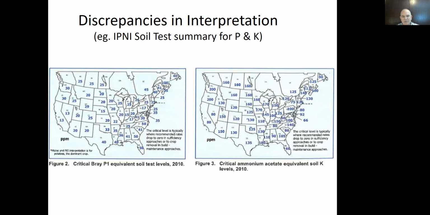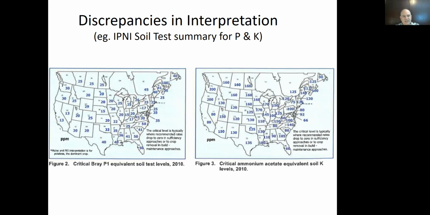Some people would look at that and be a little discouraged, but you know what? I'm like, whatever, as long as I'm not going too crazy high, I'm okay. Soil test is not precise maybe, and there are reasons for some of these differences: different soils, different crops, different weather would be reasons why you would get different interpretive values.